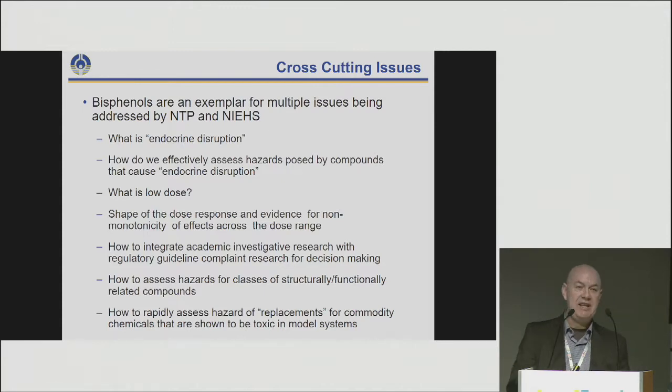Because what we see very frequently now is the identification of hazards of one member of a class, and a repivoting of use to different members of the class that have data-poor information, and trying to read across to those new members. But how do you actually do that in a rapid fashion? So the ability to add new information to guideline studies that could help identify a faster way of doing things is really needed.